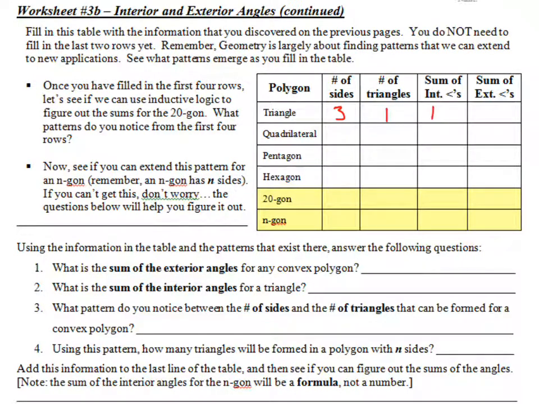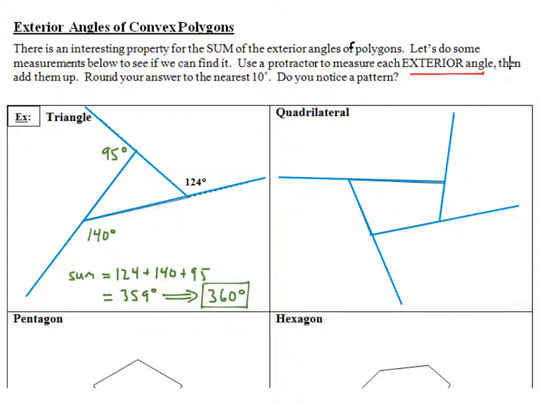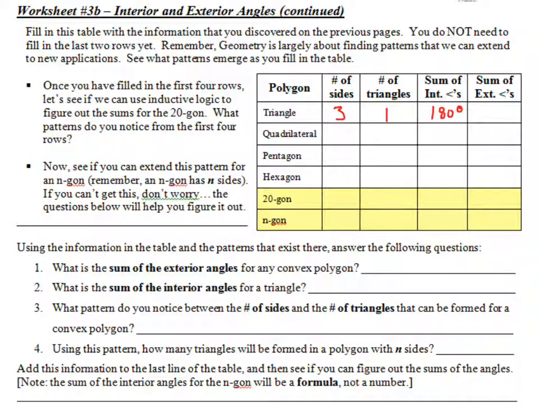So I'll put 180 here, degrees. And the sum of the exterior angles for a triangle was simply 360 degrees. And so I can put this right here.